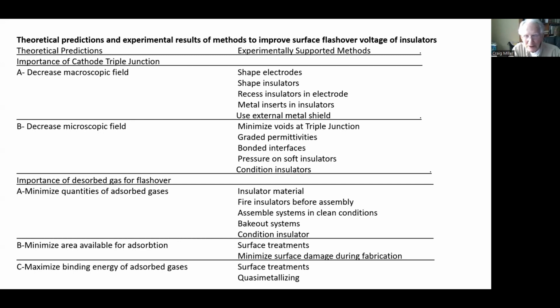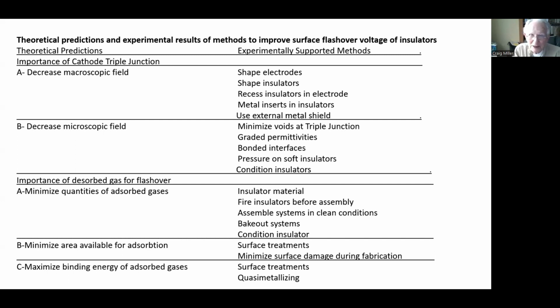Then you also want to decrease the microscopic field. Again, minimize the voids at the triple junction. One of the ways you can do a bit of this with organics, that doesn't work with ceramic, is applying increasing pressure on the insulator, which will tend to minimize the voids. Graded permittivities have been shown to be an effective way of reducing the effective voids.